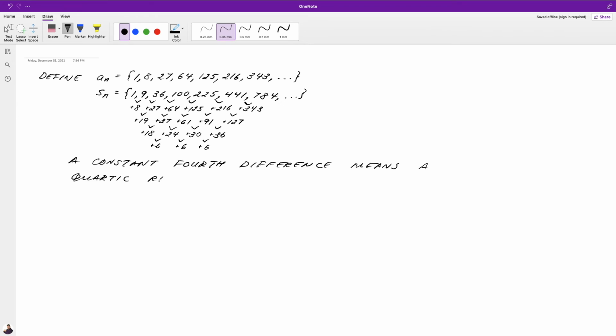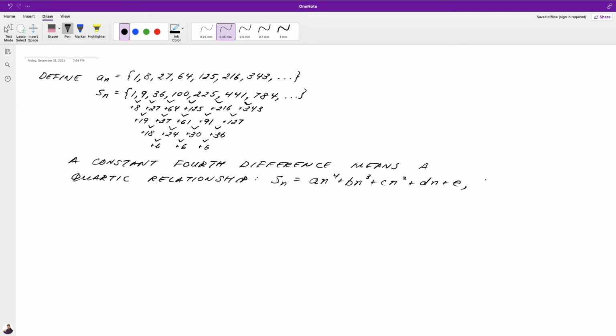And we can go ahead and define our sequence of partial sums as a general quartic: a n to the fourth plus b n cubed plus c n squared plus d n plus e.